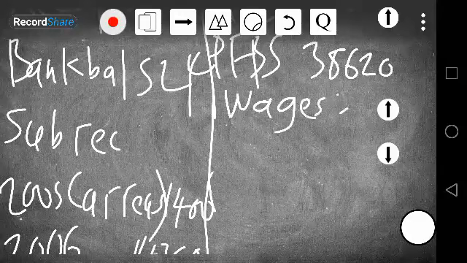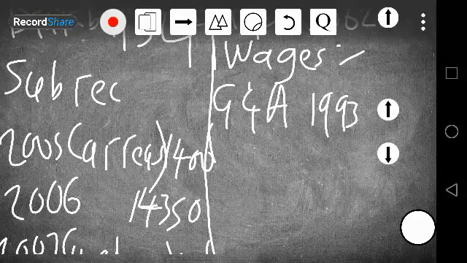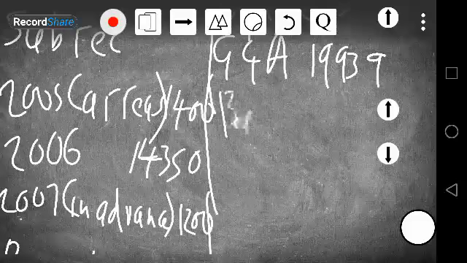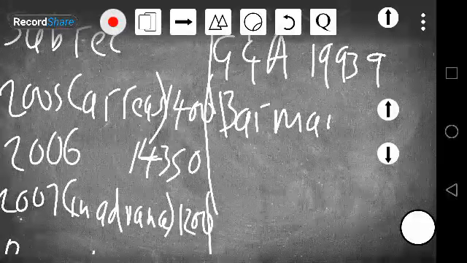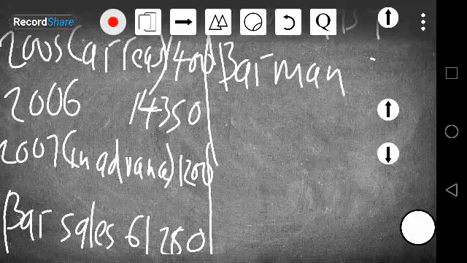So for our wages, we have wages for groundsman and assistant, that's 19,939. Then we have wages for barman. That's 8,624.